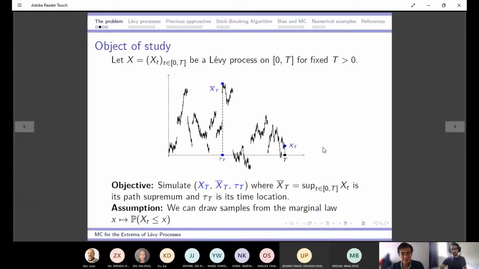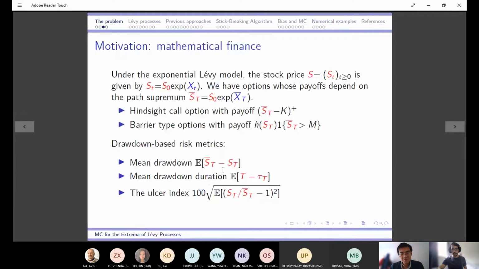So S_T bar minus S_T, and here you have somehow this percentage in the drop, and then you square it, take averages, and then square root. That's what the ulcer index is essentially, and this 100 is just to turn it into a percentage. It's just, in a way, a measure to assess the risk of a price dropping, right?